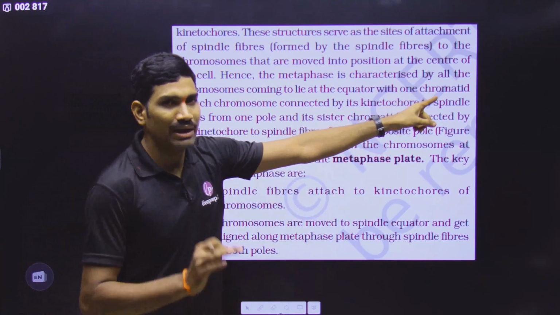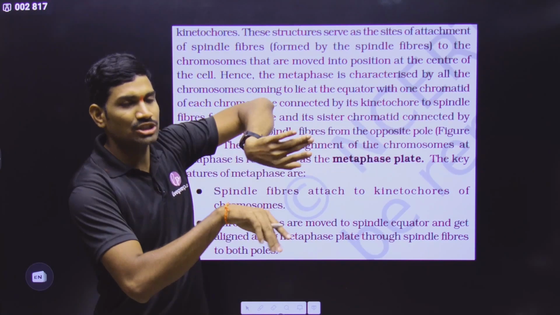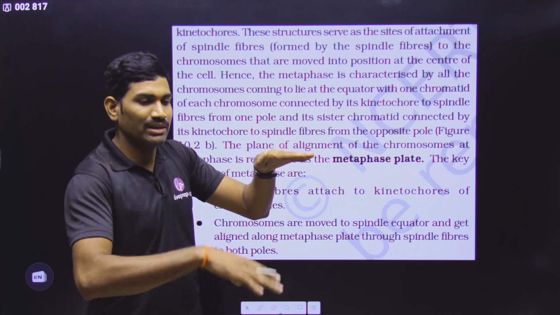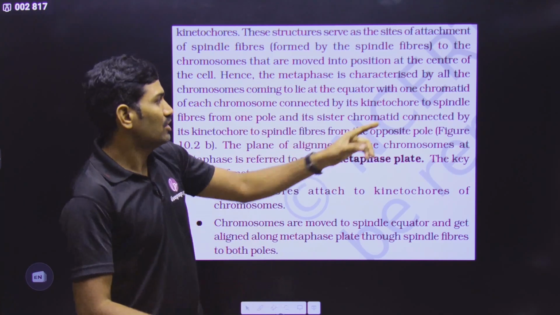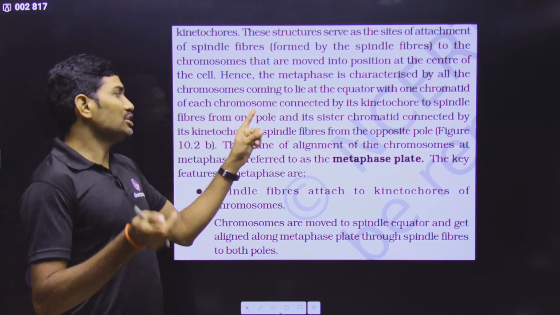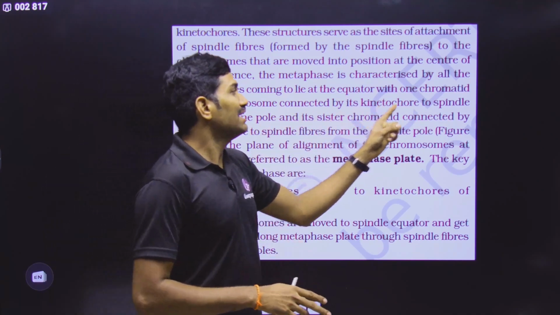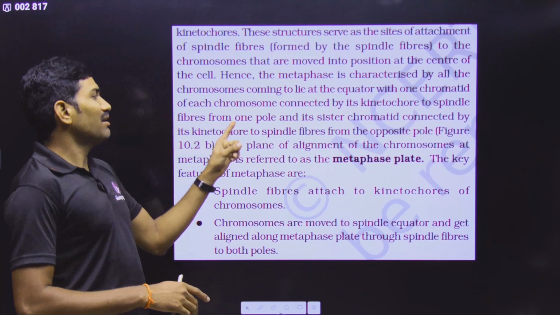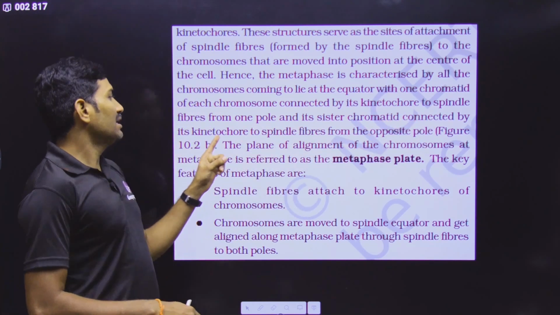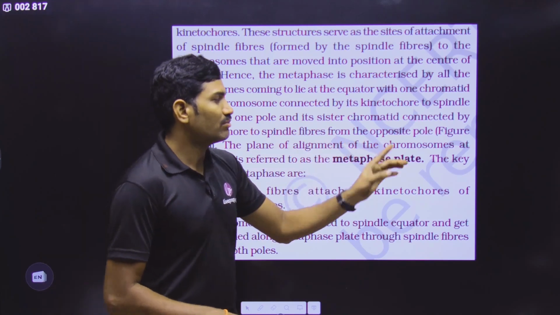Understand this word chromatid. Two sister chromatids are present. On one chromatid side one kinetochore is there, on the other chromatid side the other kinetochore is there. So at the equator, one chromatid of each chromosome is connected by its kinetochore to a spindle fiber from one pole, and its sister chromatid is connected by its kinetochore to a spindle fiber from the opposite pole.